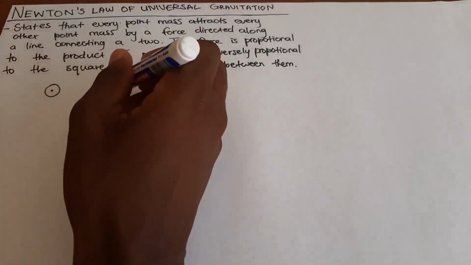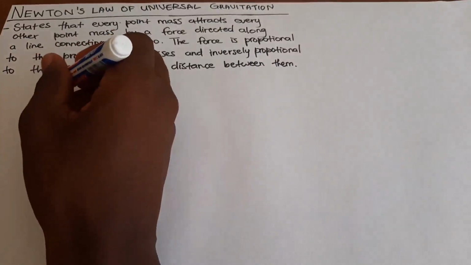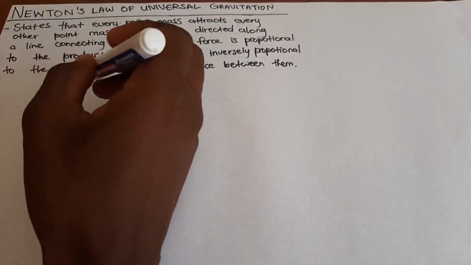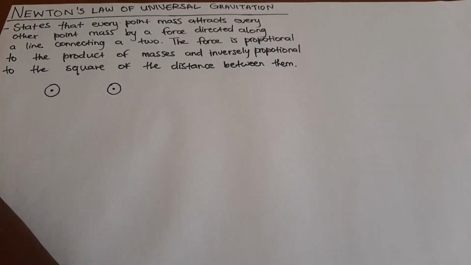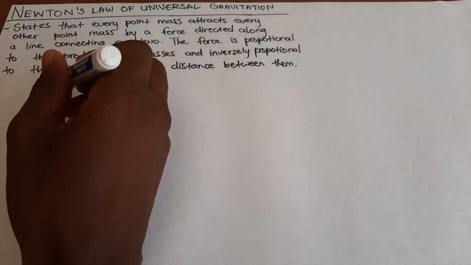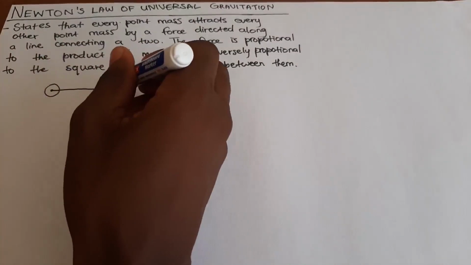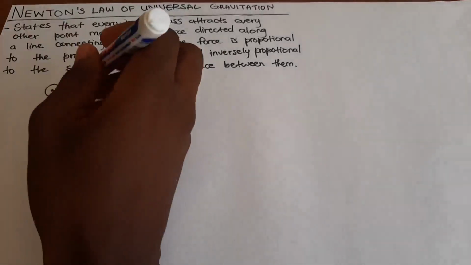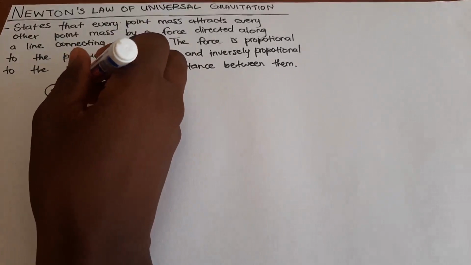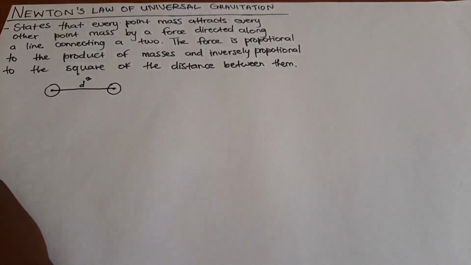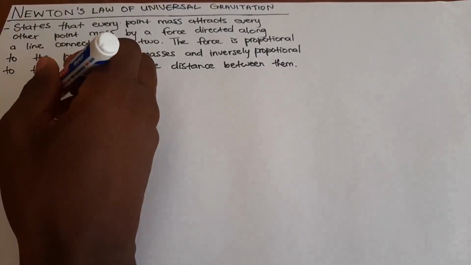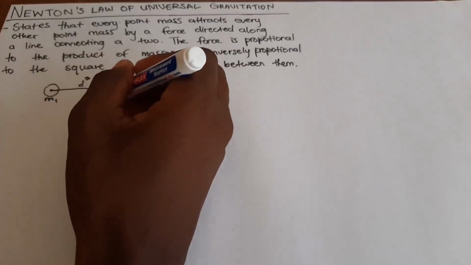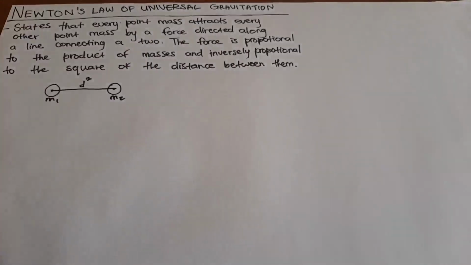Mind you, the force must start from the center of the objects, especially for bigger objects such as the Earth. So they attract each other. This is the distance squared between them, in order for us to determine the force of attraction. This is mass 1 and this is mass 2.